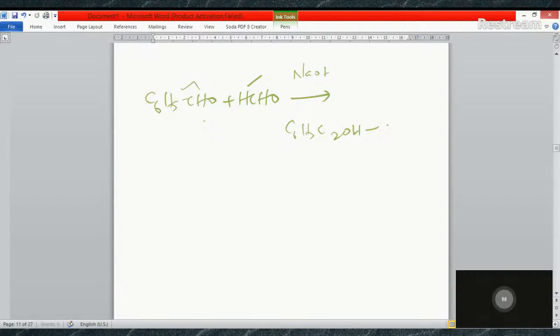Formaldehyde, having the lower molecular weight, can be oxidized so that we have the sodium salt of formic acid, called sodium formate. So when you have a mixture of two different aldehydes, the aldehyde with lower molecular weight is oxidized, and the aldehyde with higher molecular weight is reduced. And with this, we are finishing the crossed Cannizzaro reaction. And other things we will continue at another time.